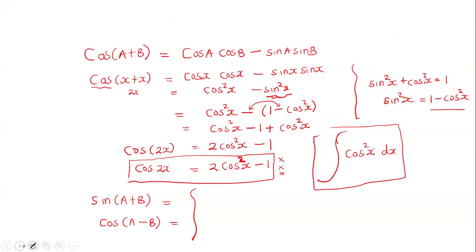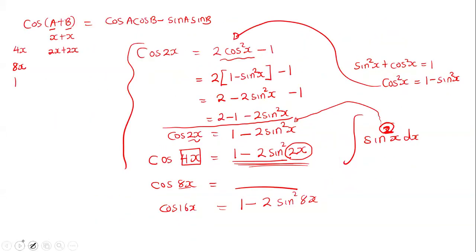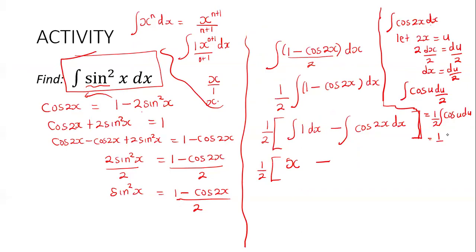So I will come back here and I say, this will give me 1 out of 2 sine of u plus a constant. But what is our u? Our u is 2x, so this will be a half sine of 2x. So when I come here, I remain with 1 out of 2 sine of 2x. Then everything, I'll add a constant of integration.